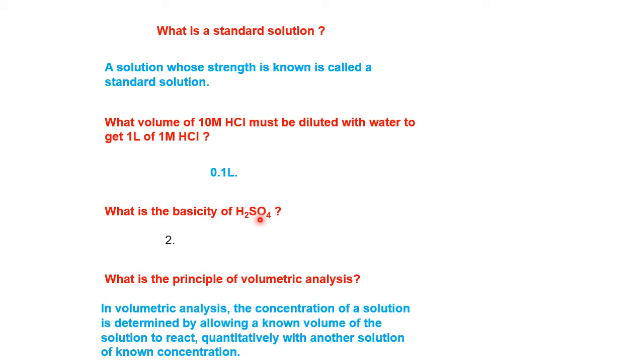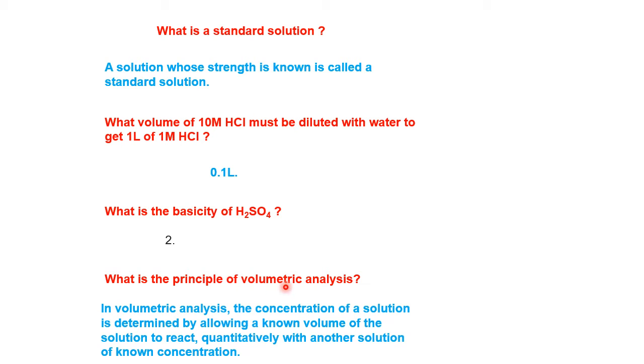If you see the structure of sulfuric acid, these 2 H are there along with O. So it is an example of an oxyacid, and those 2 H can be easily replaced whenever the situation demands. At that time sulfuric acid donates its 2 hydrogen atoms. That is called its basicity. So the basicity of sulfuric acid is 2.